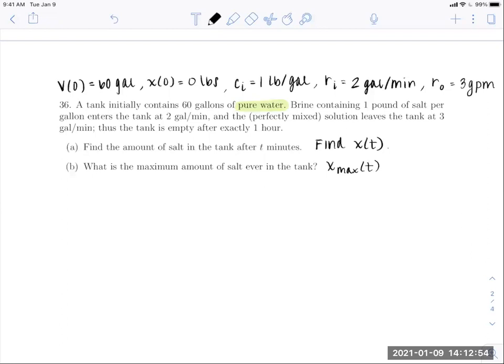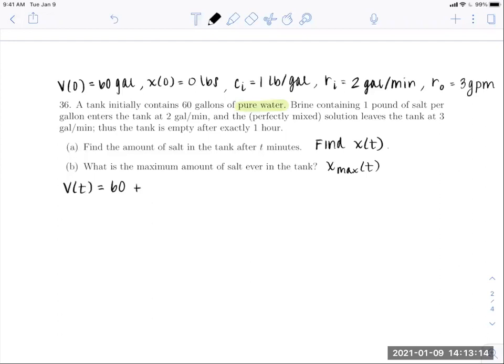Okay, so here's our setup. What I'd like to do first is just figure out how I'm going to express the volume in terms of time, V of T. So remember, we're starting with 60 gallons. And then what are we adding and subtracting per unit of time?